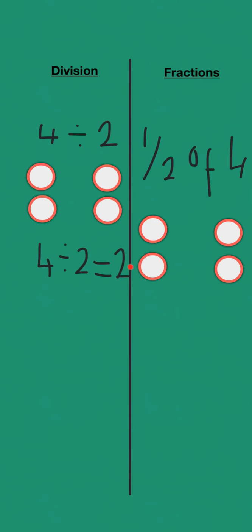Here's one part, and here's another part. So if I have one of these equal parts, I've got 2. So 1/2 of 4 is 2.